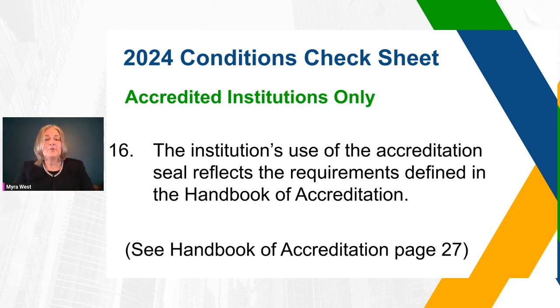Remember, your team leader will check to see if your institution has used the accreditation seal correctly as part of the evaluation process. Also, as part of your annual COE report each year, you will confirm your compliance with the condition criteria, which includes the use of the accreditation seal.